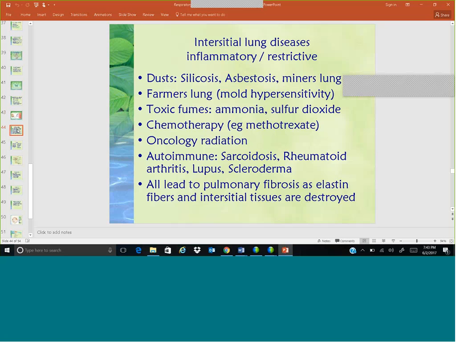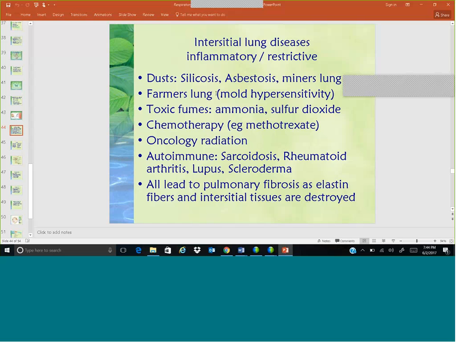Some things that cause interstitial lung disease, with an inflammatory and a restrictive response: dust, silicones, asbestos, miner's lung. So think about your firefighters, your coal miners, roofers in the past. I know my dad, years ago when I was a child, worked on brakes, and most of your older brake drums were made of asbestos. Not so much anymore, but prior.